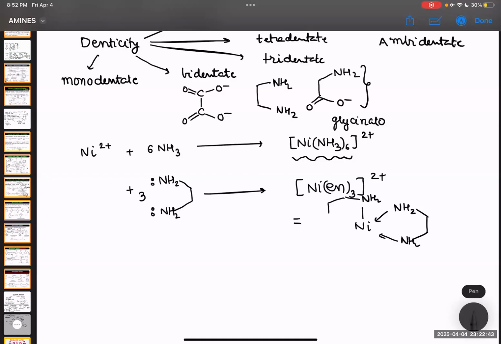Clear? So you can see the rings being formed. What are these complexes with the rings containing bidentate ligands or polydentate ligands known as?